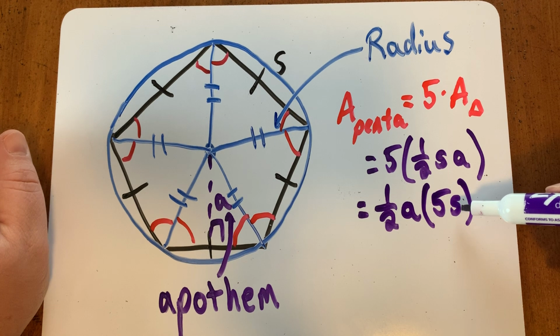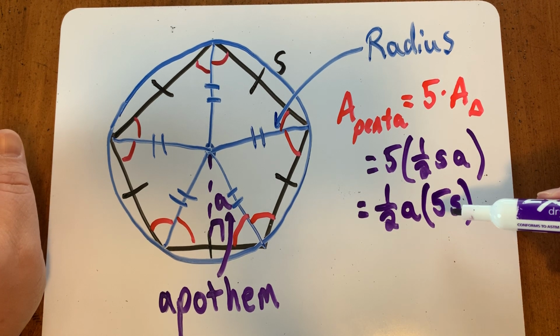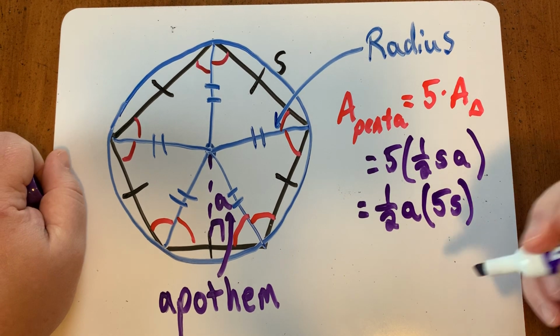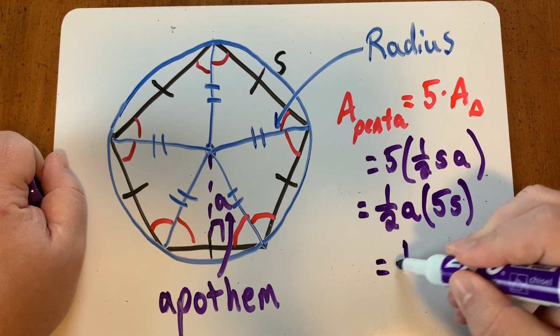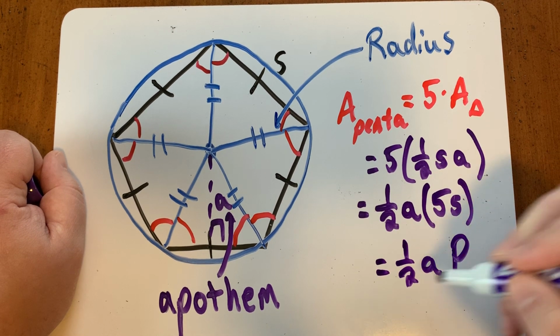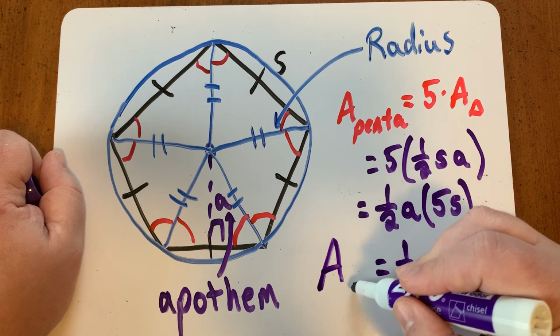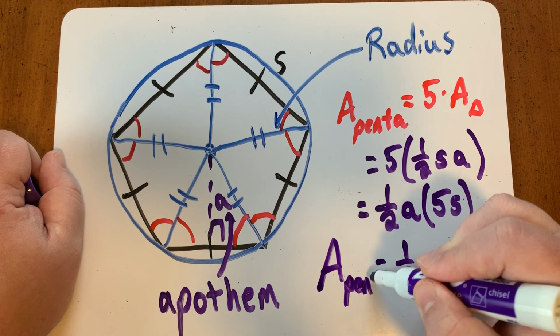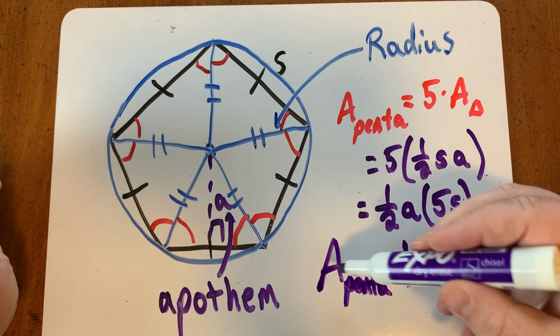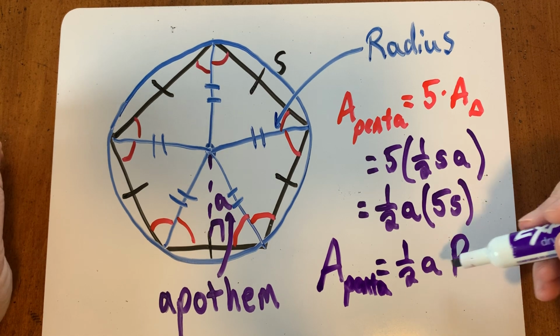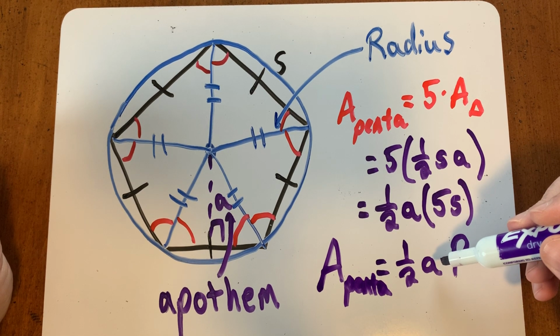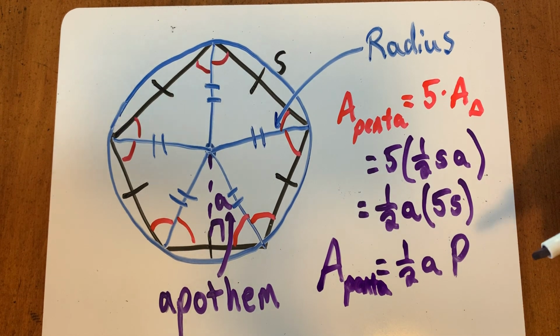Oh, so s is the side length. There's 5 sides. So 5 times s is just the perimeter. So the area of this pentagon is 1/2 times the apothem of the pentagon times the perimeter of the pentagon.